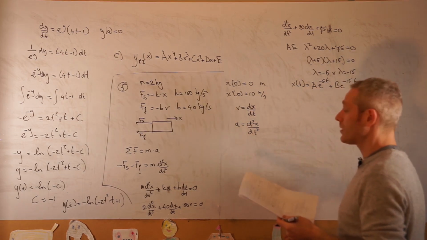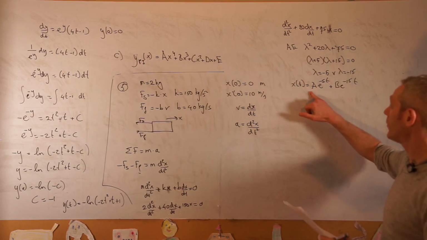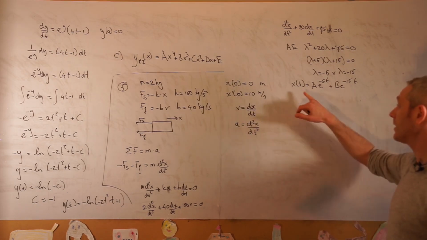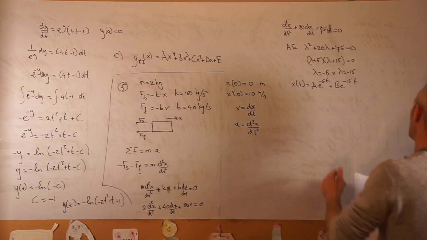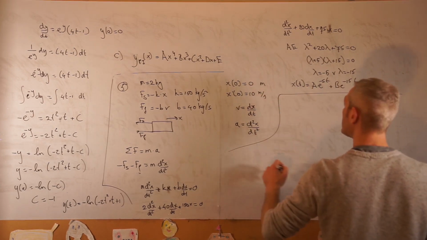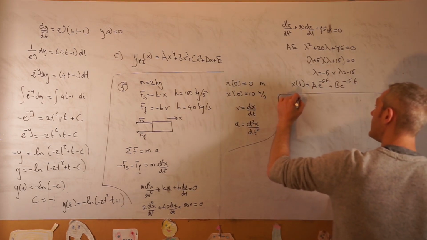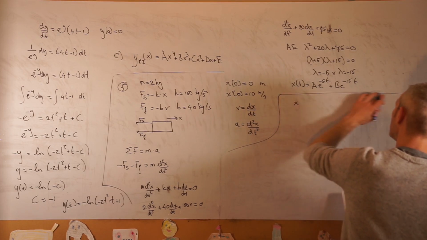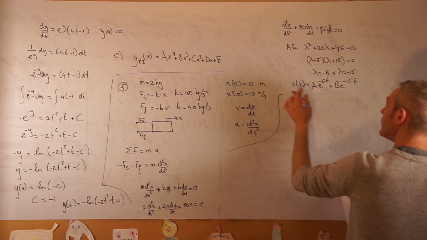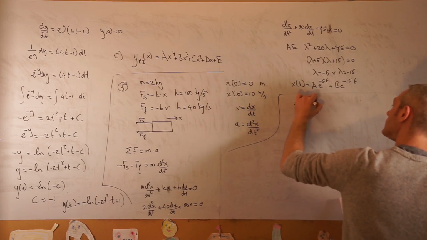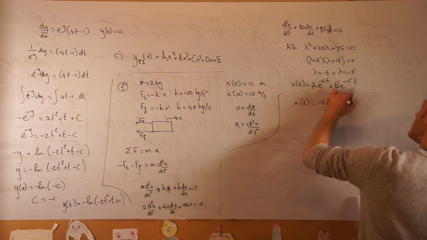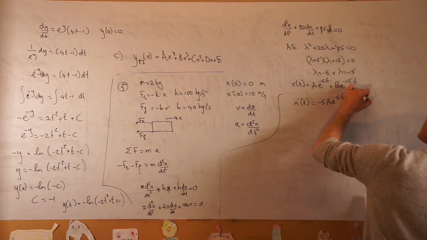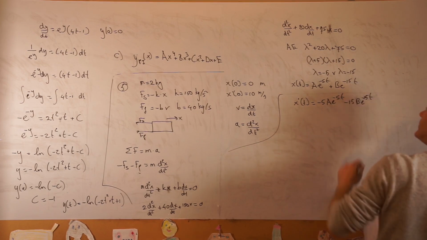And the next question is to find the particular solution for this set of initial conditions. So I write down the derivative of this function, which is minus 5a e to the power of minus 5t minus 15b e to the power of minus 15t.